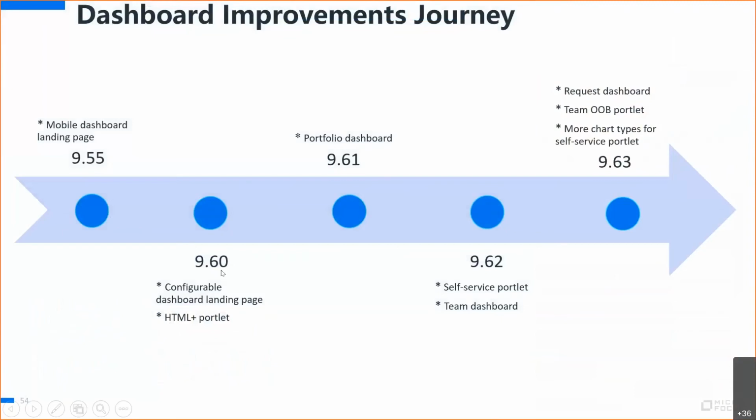In 9.60, there are configurable dashboard landing pages, and I'll be talking about it in the next slide. Also, HTML plus portlets were delivered, which are a very useful and powerful portlet feature. In 9.61, there is a portfolio dashboard. So in the portfolio also, you can have your overview dashboard set up with the portfolio portlets, and that was delivered in 9.61. Then in 9.62, there are self-service portlets.